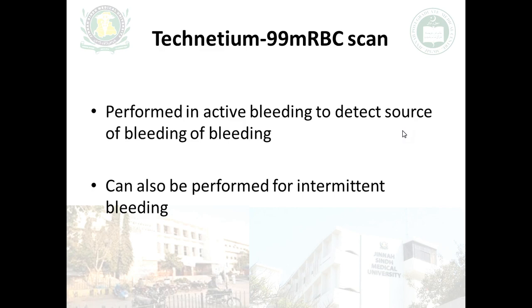It can also be performed for intermittent bleeding. Most of the time we do this when the patient is not stabilized, is continuously and profusely bleeding, and we cannot find out where the source is. Then we go for the technetium-99m scan.